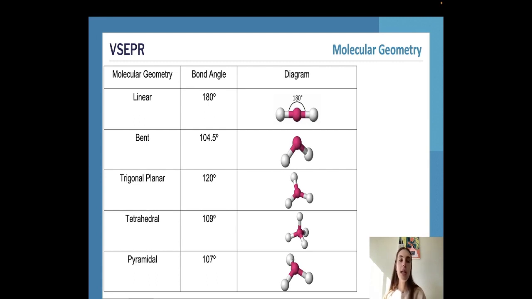Our next one is bent, and the bent molecular geometry has a 104.5 degrees bond angle. A 104.5 degrees bond angle is typically going to suggest that we have 2 lone pairs present. That means 4 unpaired electrons.